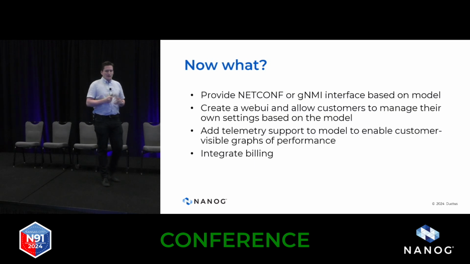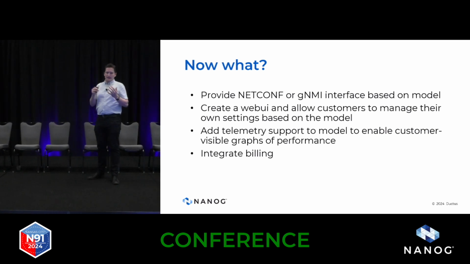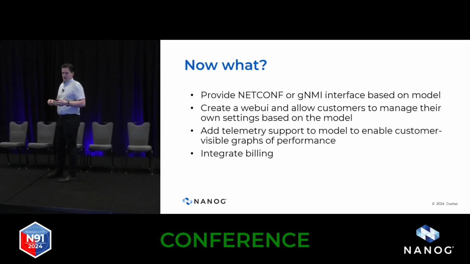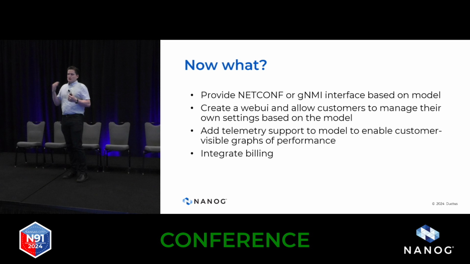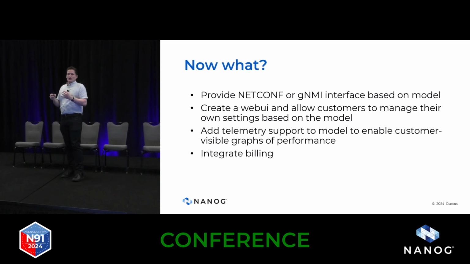All right, so now what? Well, we could provide a NetConf or gNMI interface based on that model. The advantage here is that because we have the intent for that customer, we know what assurance we need to actually run for that customer.